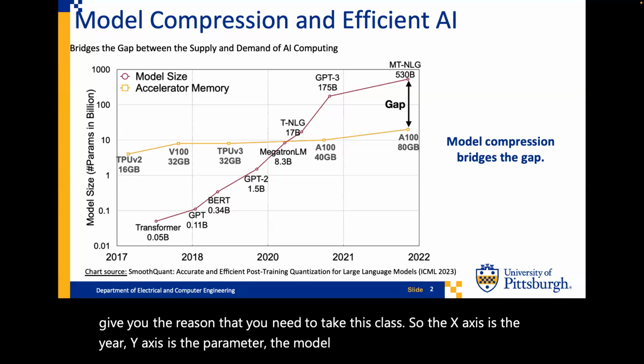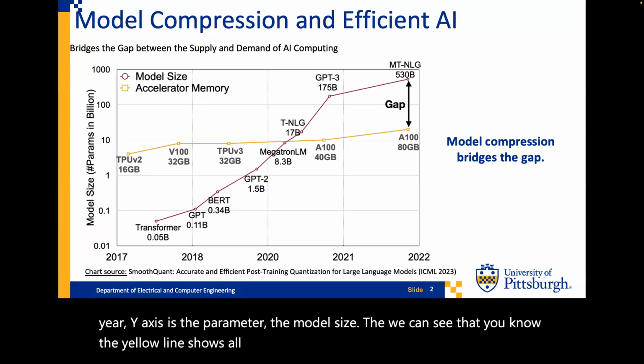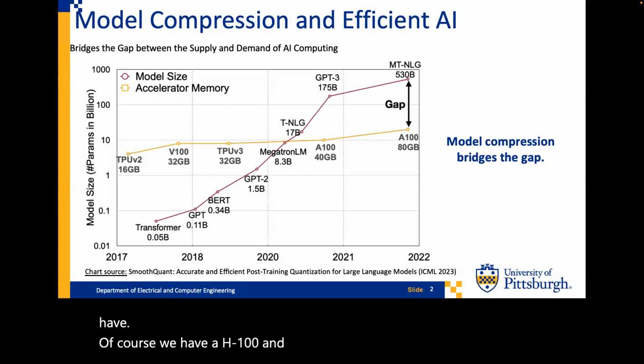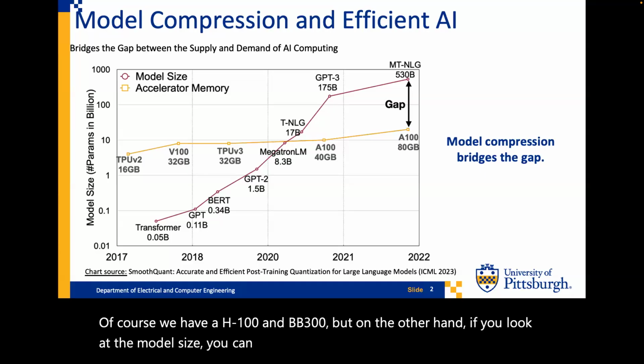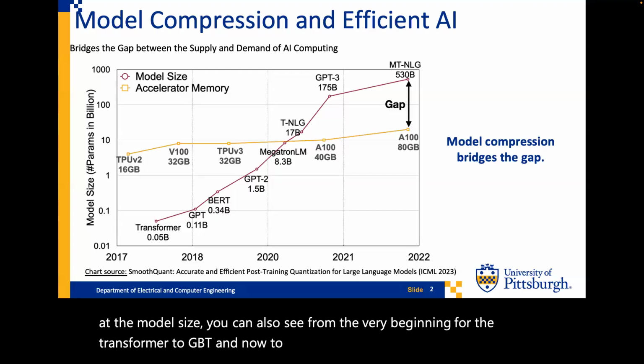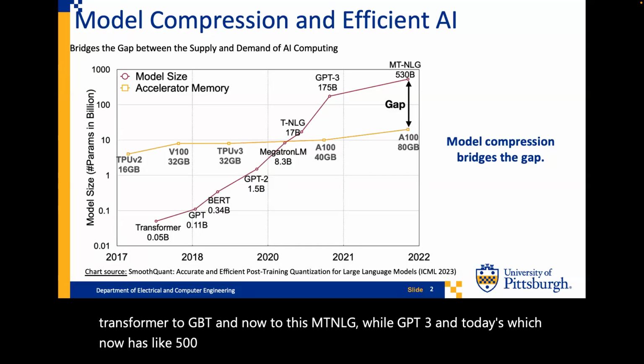The yellow line shows the accelerator memory from TPU v2 to A100. Now, of course, we have H100 and B300. On the other hand, if you look at the model size, you can see from the very beginning, from the transformer to GPT, and now to MT-NLG, while GPT-3 and this one now has 530 billion parameters.